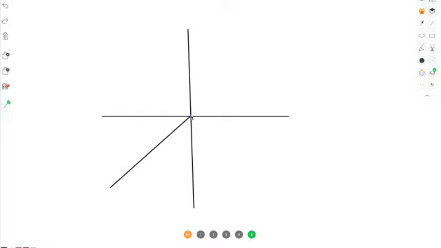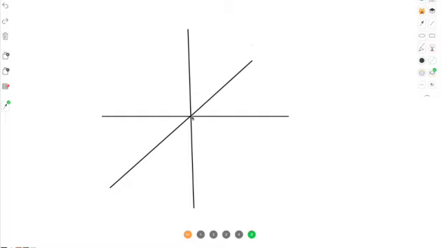Let me draw another one. Oh, sorry, that's not the color. Okay, this is the negative x direction, and our vector should be in the positive y, positive z, but negative x, so it means it's going in that direction.